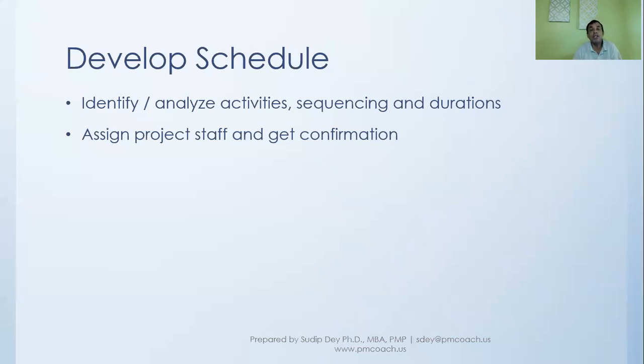In other words, they should agree to the duration that you have set. If I say John is doing activity A and it will take 5 days, and John doesn't conform to that, then there is a problem. Because John might not be able to do it, and then the whole project will suffer. So as a project manager, I should get a confirmation from John who is doing this particular activity.